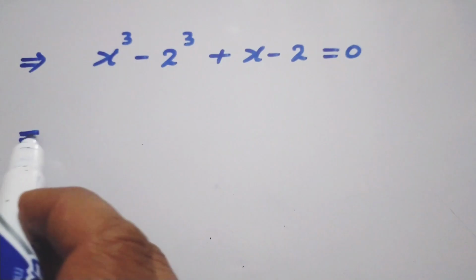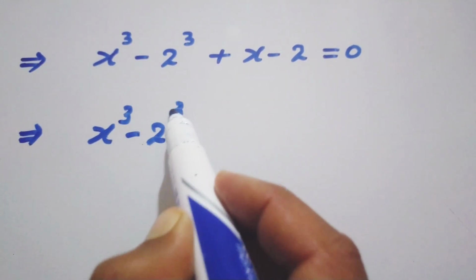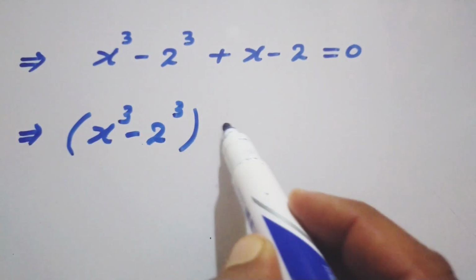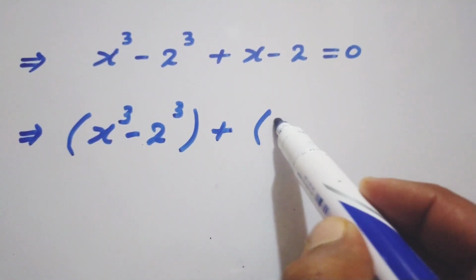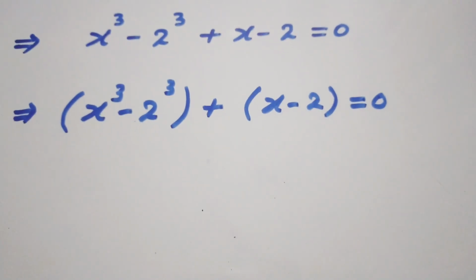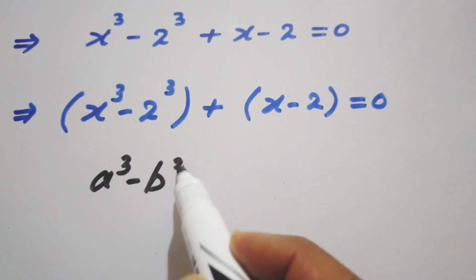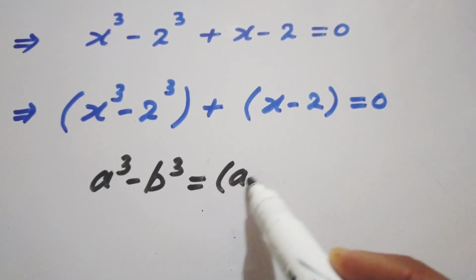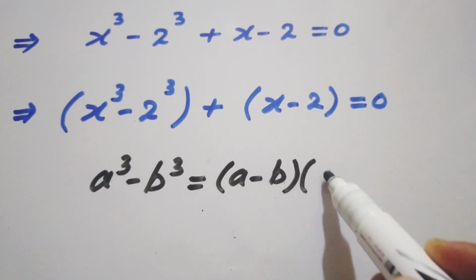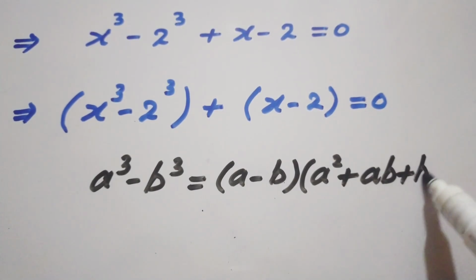For simplicity, we can write this as x cubed minus 2 cubed plus x minus 2 is equal to 0. Now by using an algebraic identity, a cubed minus b cubed, which is equal to a minus b into a squared plus ab plus b squared.